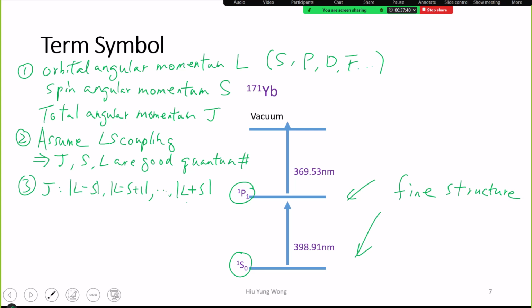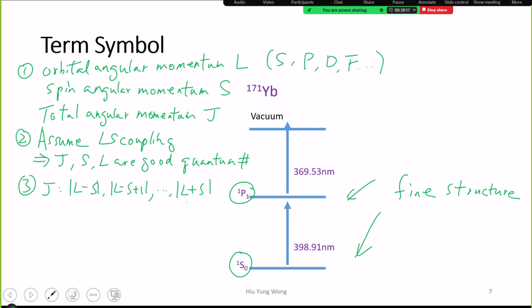If I have angular momentum, which is L, and I have spin angular momentum, which is S, isn't the maximum when they are in parallel, then it's L plus S. And the minimum is anti-parallel, which is L minus S. Right? When L and S are parallel, then the maximum total momentum is the addition of them, right? If they're anti-parallel, the minimum one is the difference of them, right? So the J will only take this value.